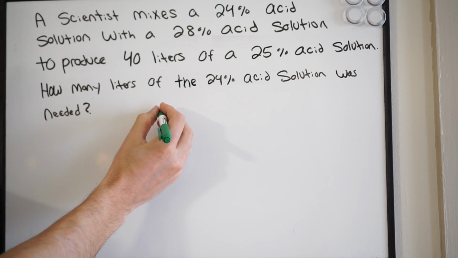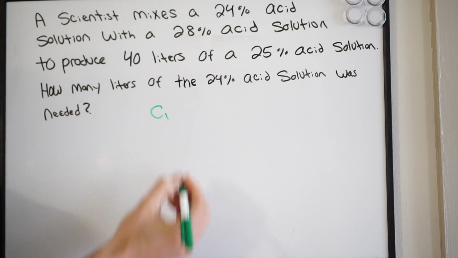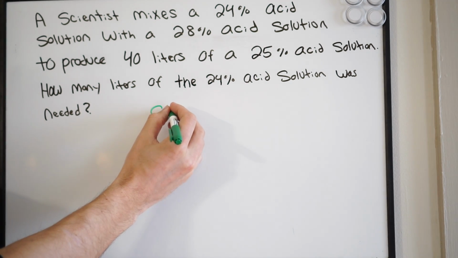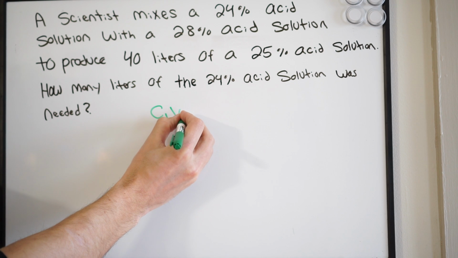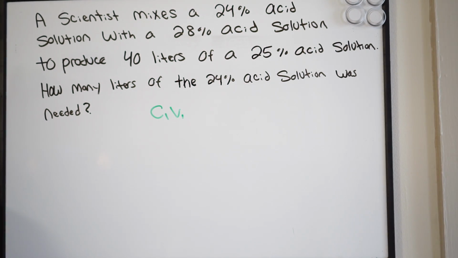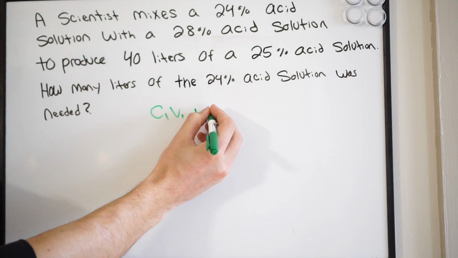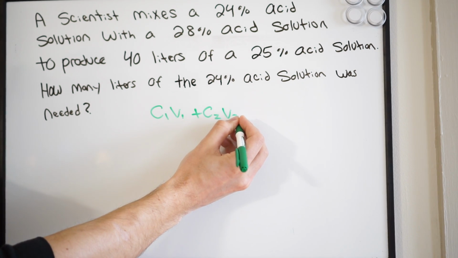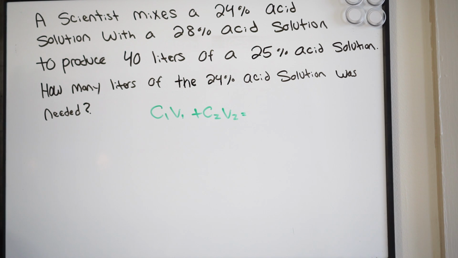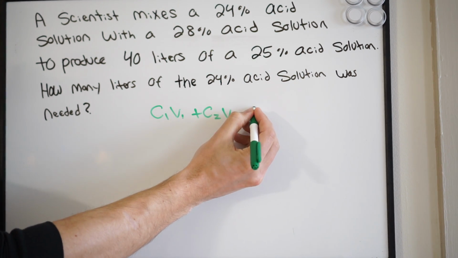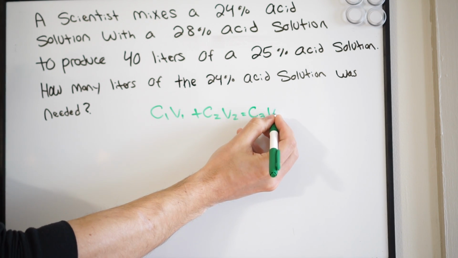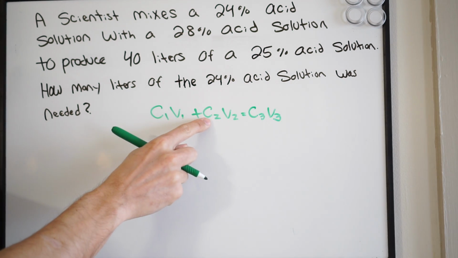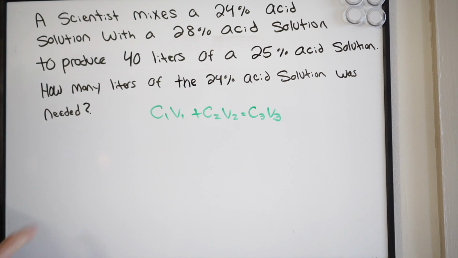So if I say my concentration of 1 times my volume of 1, plus my concentration of 2 times my volume of 2, well, this is all going to equal my concentration of 3 times my volume of 3, where concentration, we're talking about the percent, and volume, we're talking about liters.